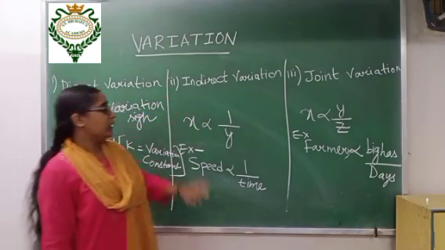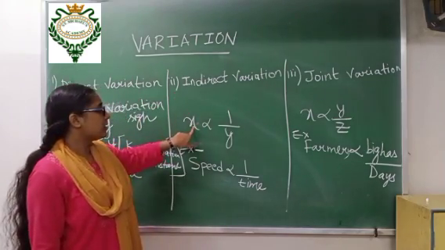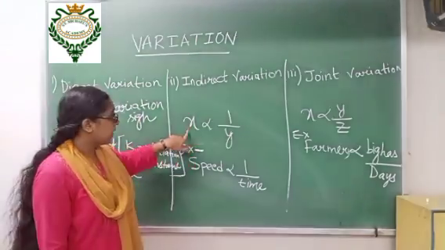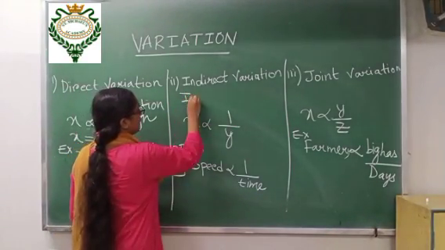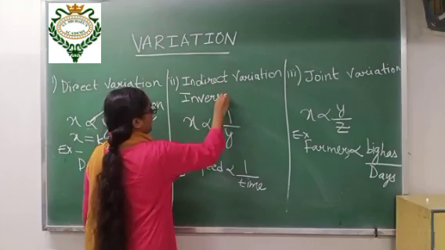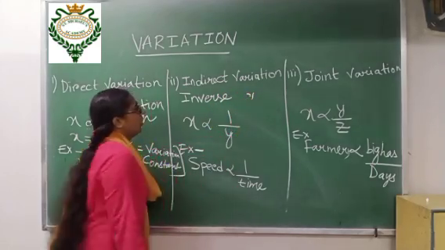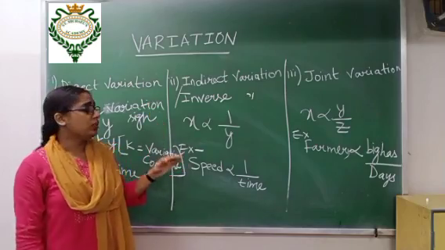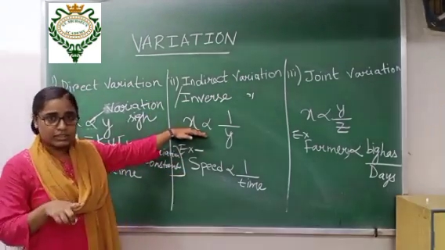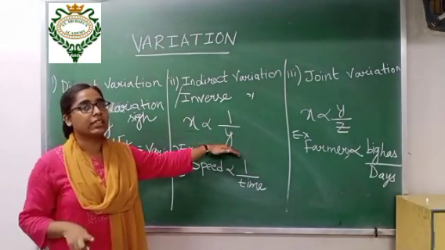Now, after direct variation, the next one: x indirectly varies with y. Another name is also inverse variation. Inverse variations are those in which if one variable increases, the second one will decrease, not increase.